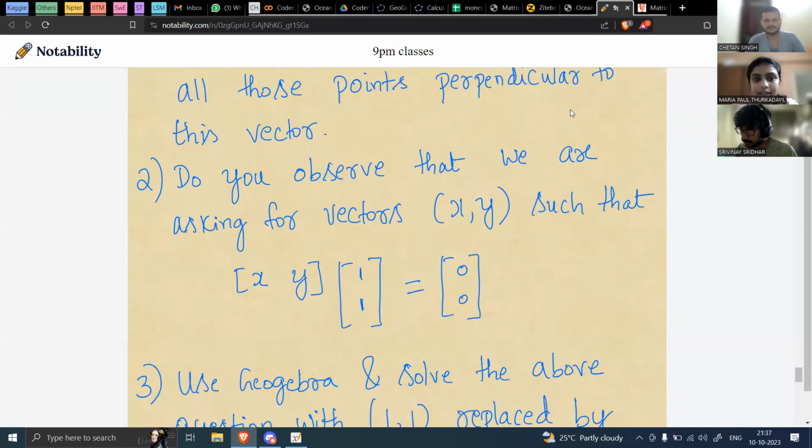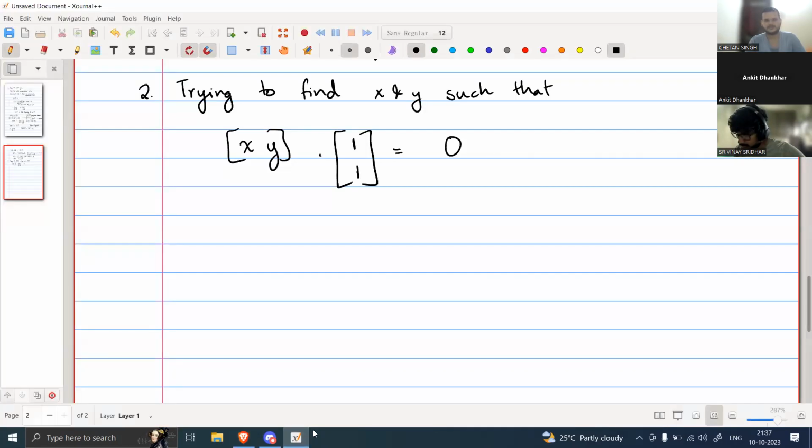That's the reason why it's written like that, but it's the same thing. Since we are finding the dot product, it would be a single real value.